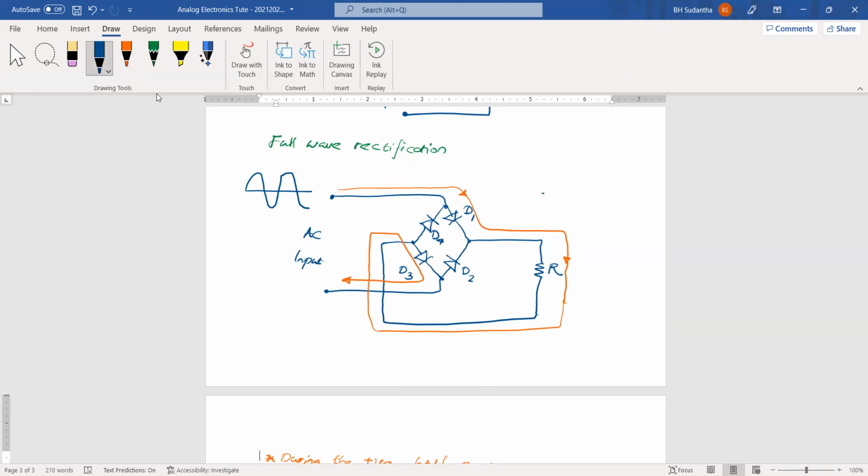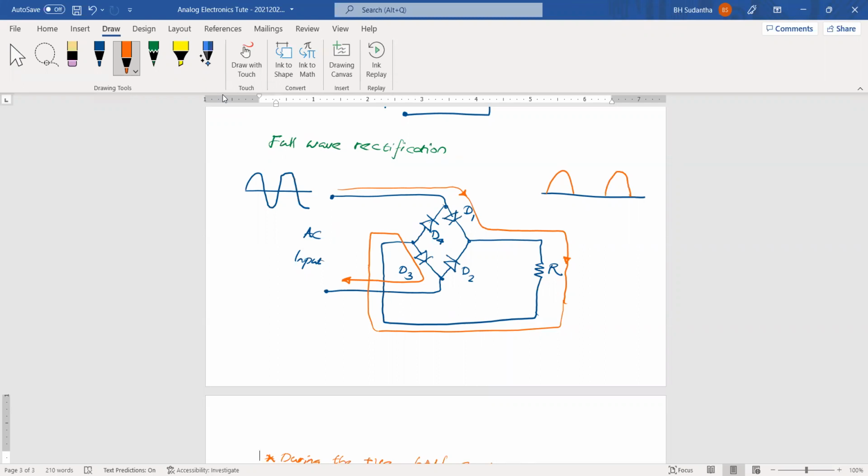Then at the output, the positive half cycles are coming. And you can see the direction of the current to the resistor.